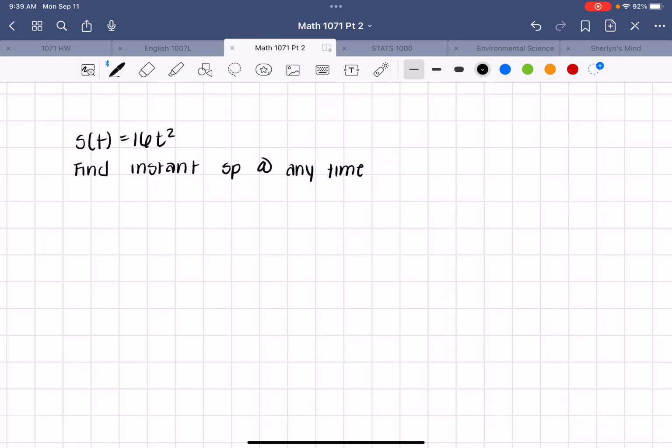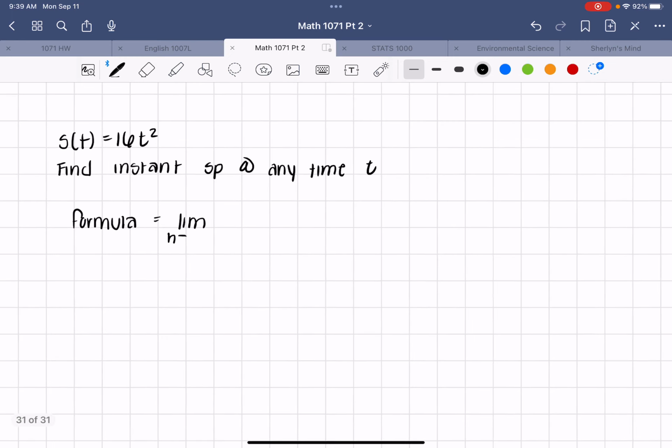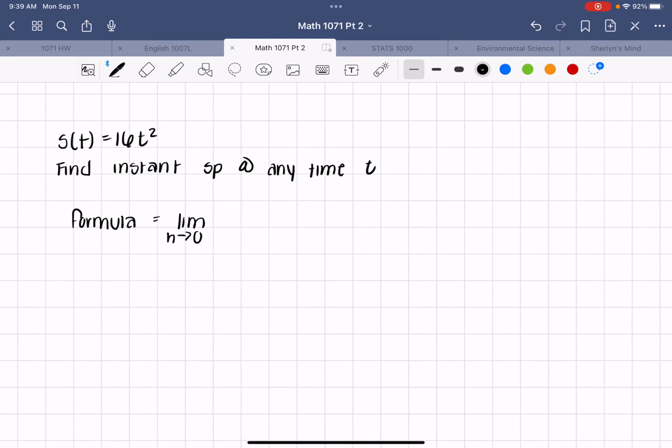Instead of plugging in 3 for t, just leave it t. And watch, it's the same thing. Here's your formula. This is the limit as h goes to 0 of s of t plus h minus s of t, all over h. You see why?